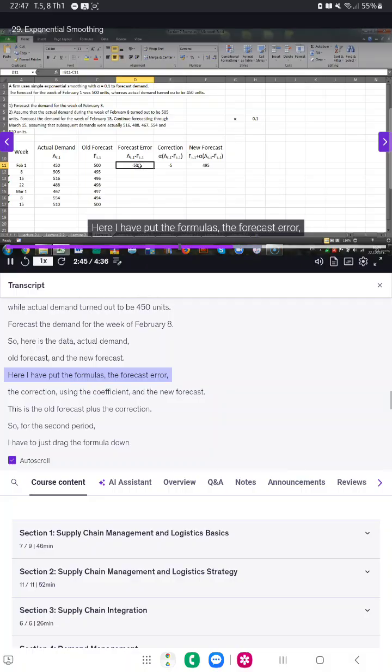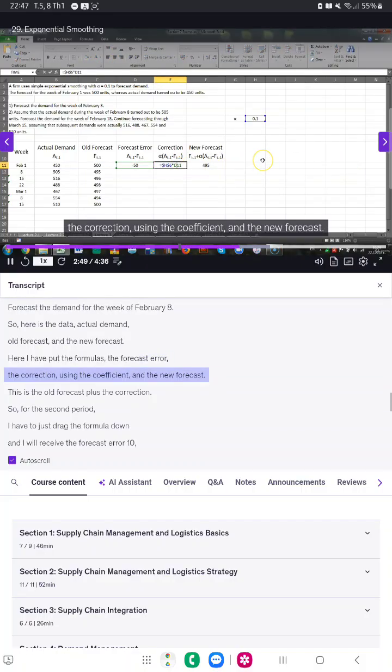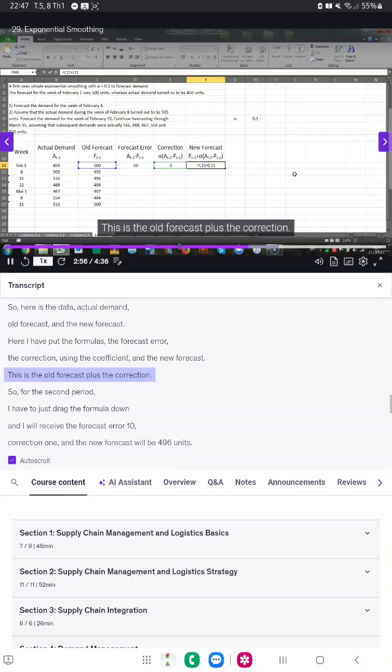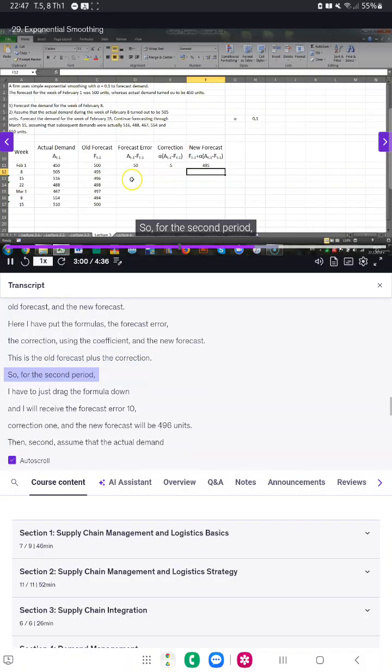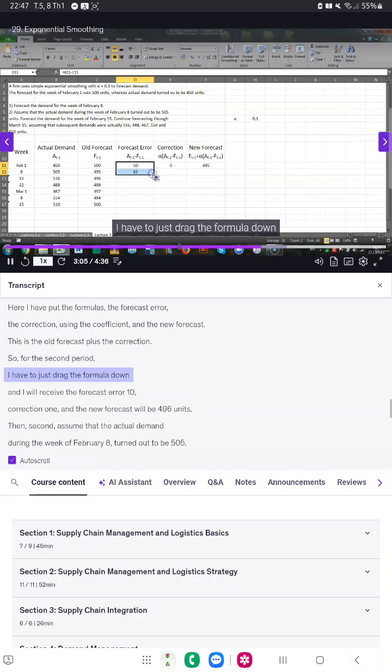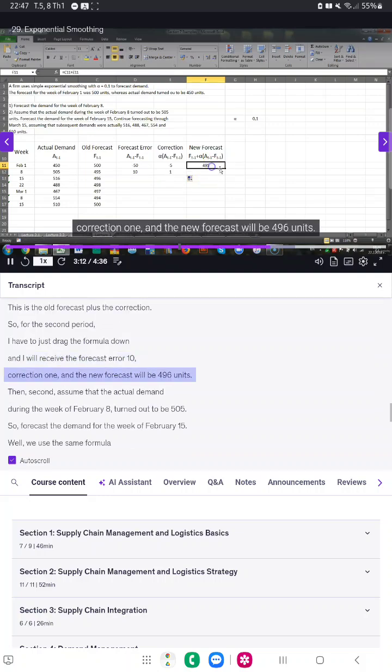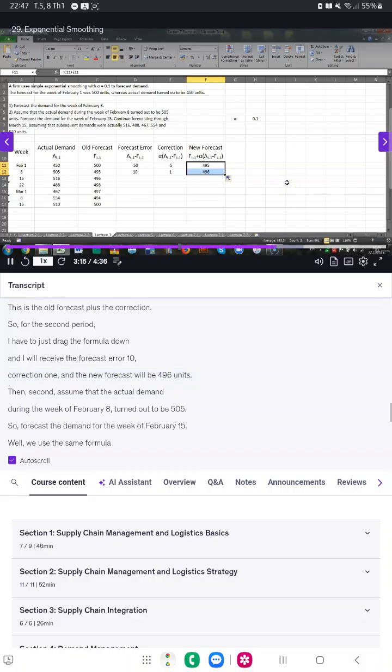Here I have put the formulas: the forecast error, the correction using the coefficient, and the new forecast. This is the old forecast plus the correction. So for the second period, I just drag the formula down, and I will receive the forecast error 10, correction 1, and the new forecast will be 496 units.